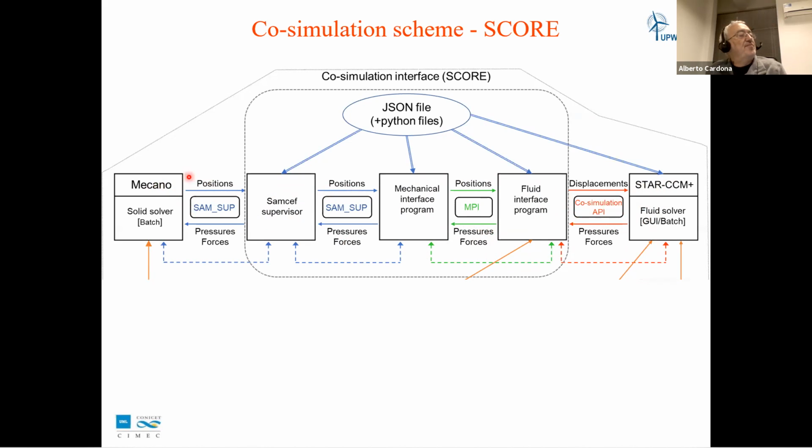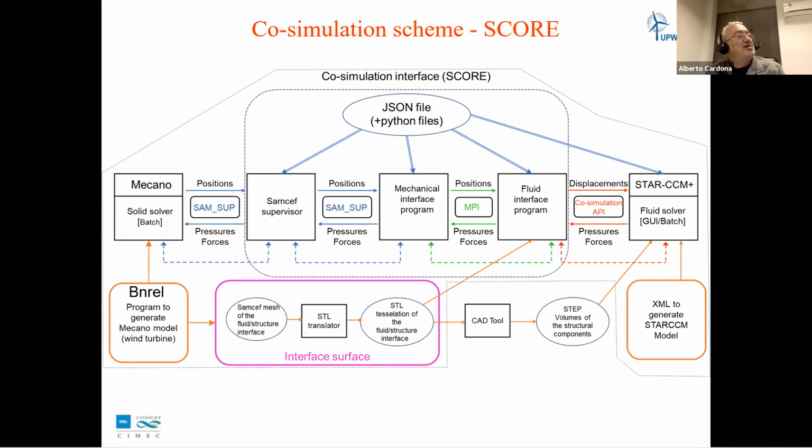Essentially, using all these parts, Meccano sends positions or displacements, which is more or less the same, to Star-CCM. And from Star-CCM, we get back pressures at the interfaces or eventually forces at the interfaces. This process is controlled using a data file in the JSON format.